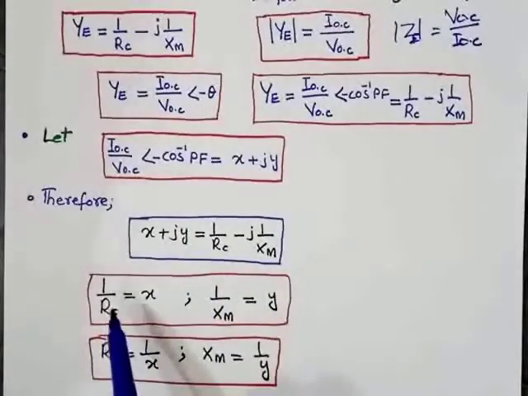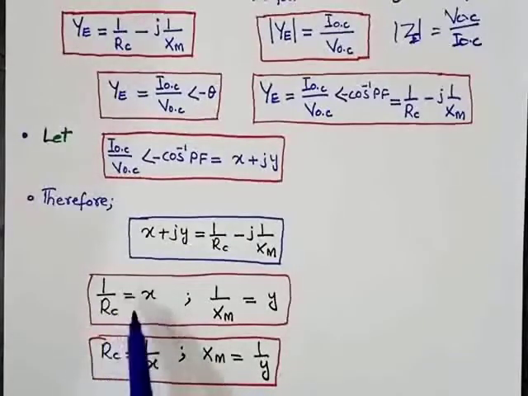And the value of RC will be equal to 1 over x. By cross multiplication of this equation, we get RC equal to 1 over x, and the value of XM will be equal to 1 over y. It means just putting the values of x and y in this equation, we can determine the values of RC and XM.